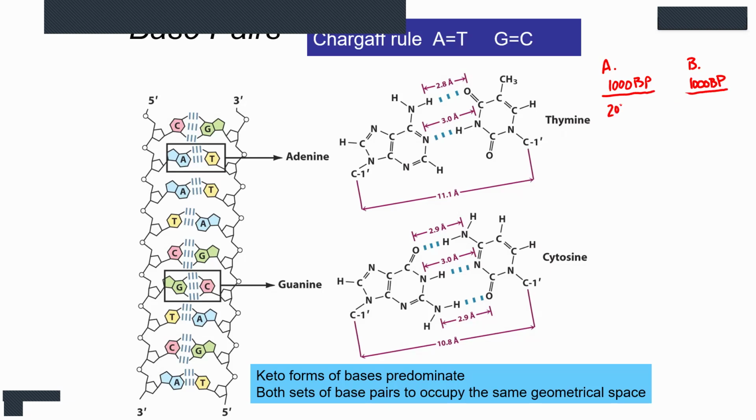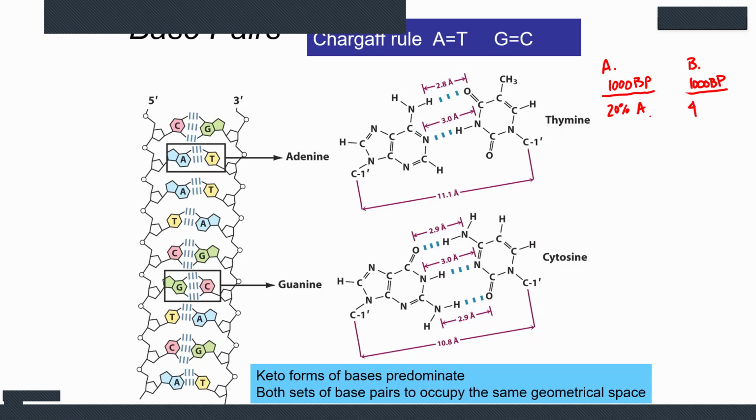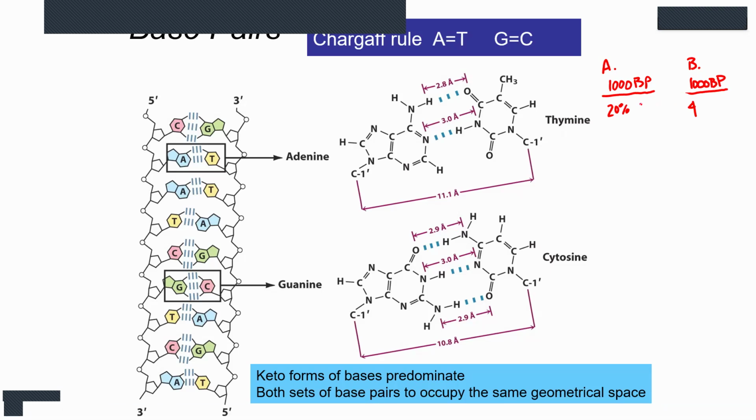Okay, molecule A is 20% C. Molecule B is 45% A. There we go.